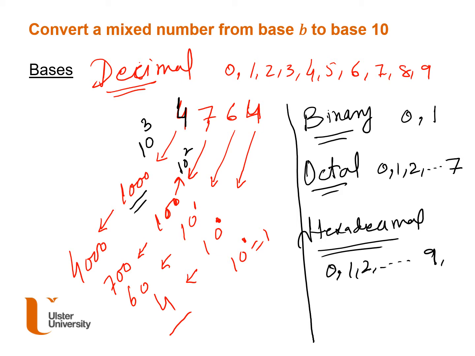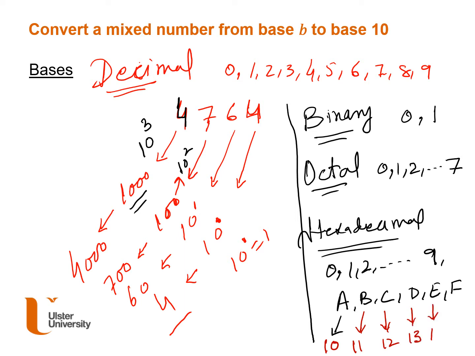And then for 10 we're using alphabets A, B, C, D, E and F. 10 is represented by A. For 11 we are using B, C for 12. For 13 we are using D. For 14 we are using E, and similarly for 15 we are using F.